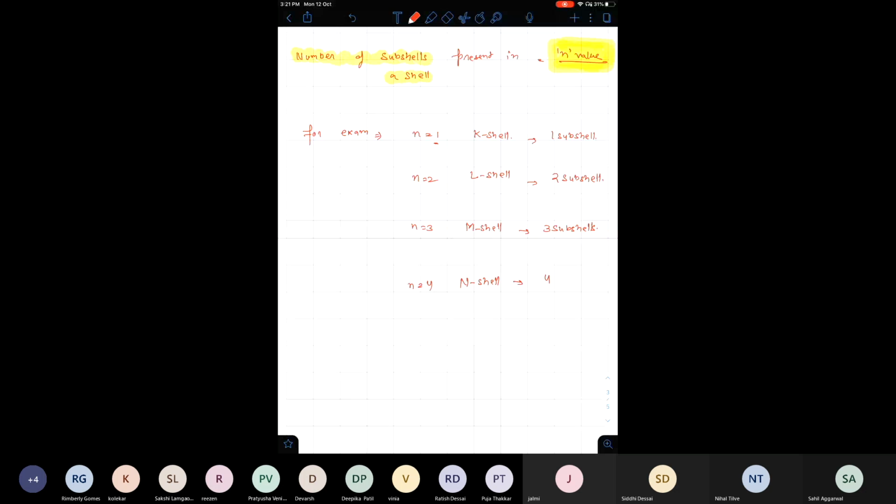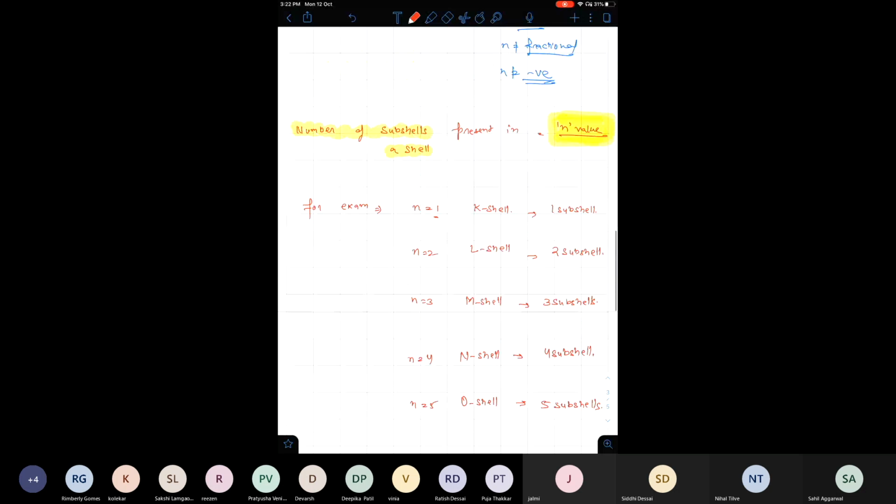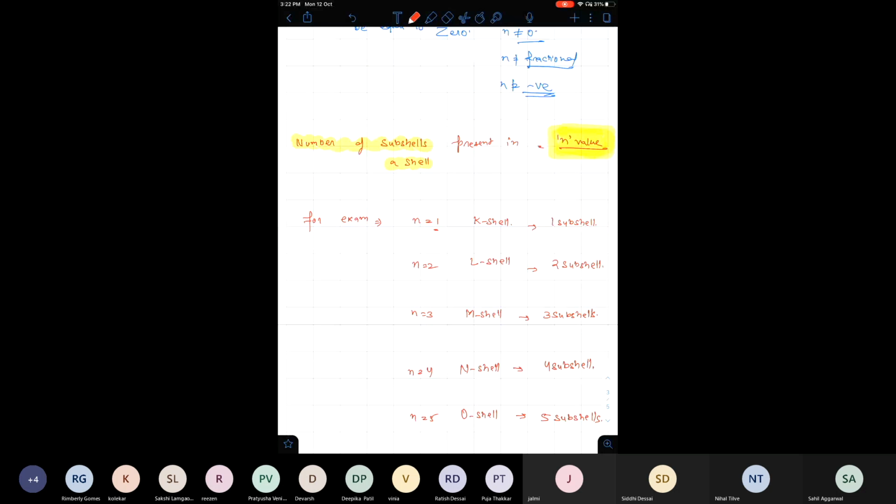There will be four subshells in N shell. Similarly, for n equal to 5, there will be O shell. In O shell, there will be five subshells. Understood? First shell is K shell, second shell is L shell, third shell is M shell, fourth shell is N shell, fifth shell is O shell.